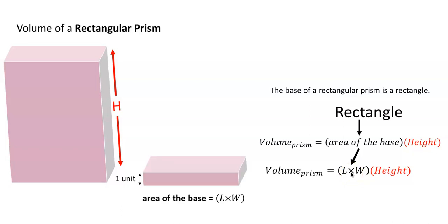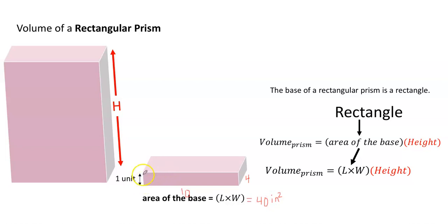So let's take the area of the base. Let's say that the base is 10 inches by 4 inches. That would make the area of this base 40 inches squared.